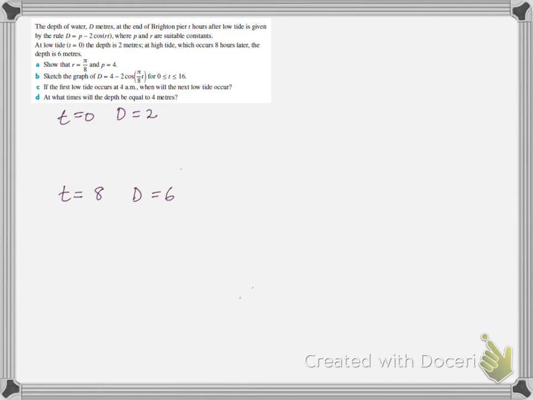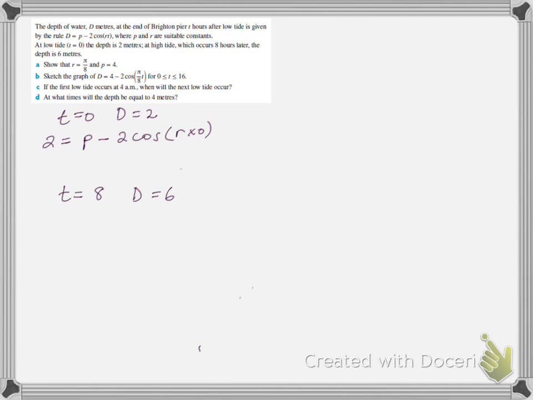So first I'm going to show you how to demonstrate that P equals 4. If D equals 2 at time 0, let's just pop it into the expression we've been given. So 2 equals P minus 2 cos R, and we're told T is 0, so times 0.